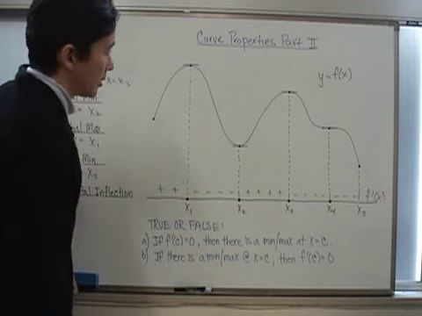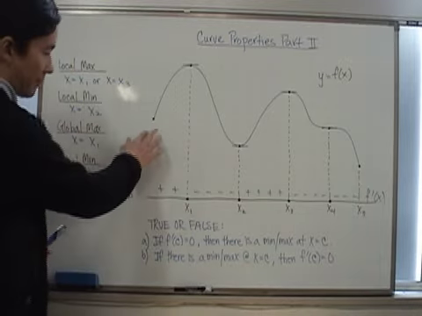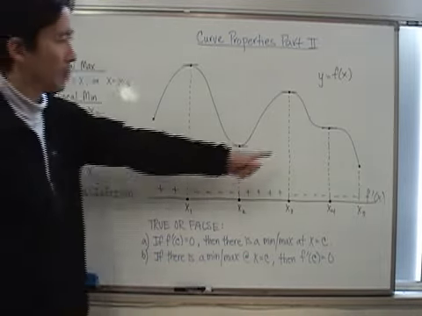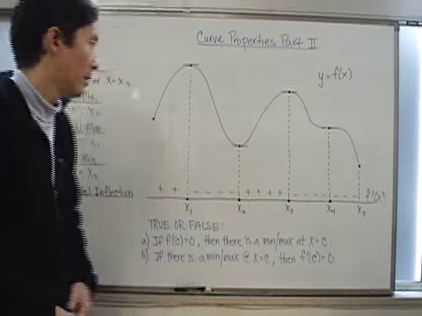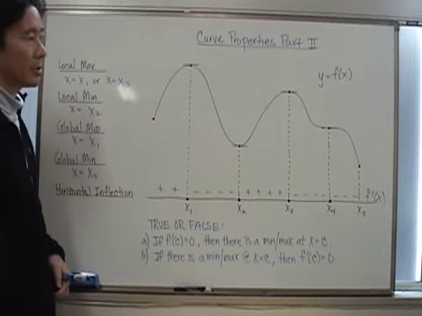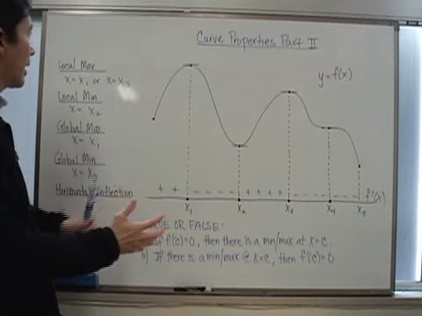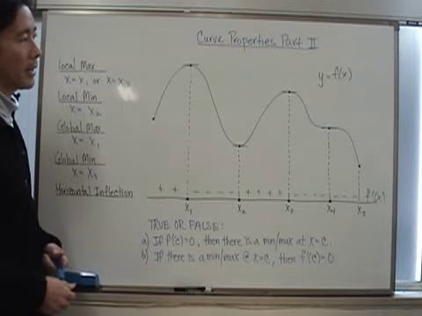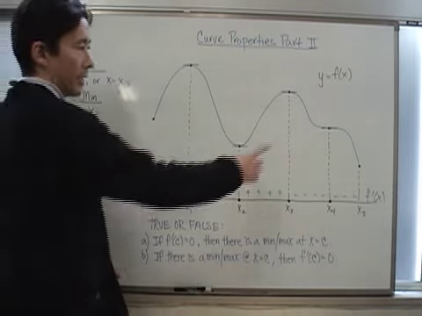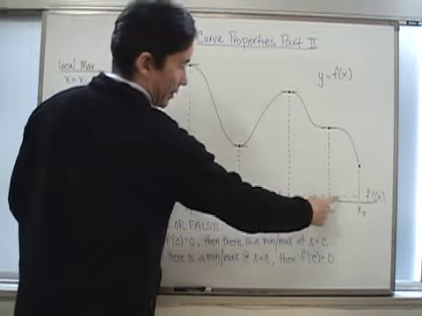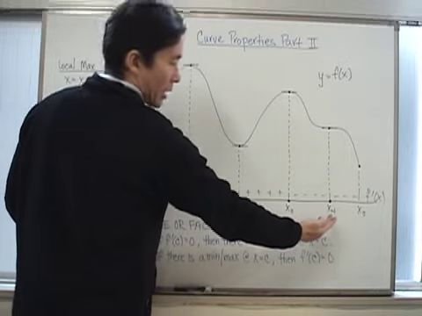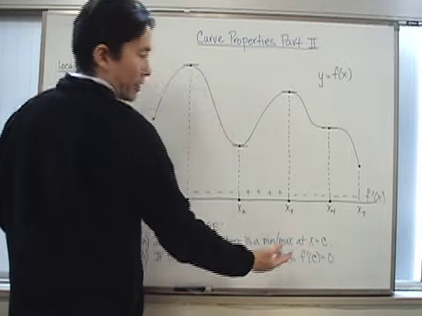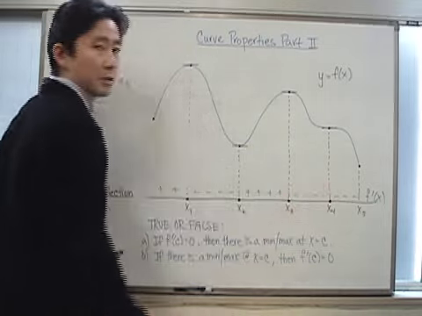Okay, now there's one other point that we haven't talked about aside from this other endpoint, and it's this point at x sub 4. Now why is x sub 4 going to be interesting? A separate category from the local min and the local max, and that's because if we take a look at the sign values for f prime of x about that stationary point, notice that there isn't any change.